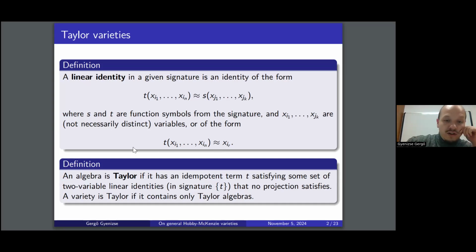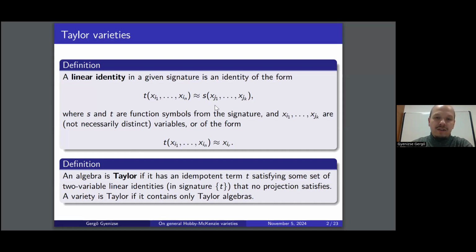We call an algebra a Taylor algebra if it has an idempotent term of some arity that satisfies a bunch of linear identities in two variables, where all these x_i's and y_i's are either x or y, and that system must be such that no projection satisfies it.